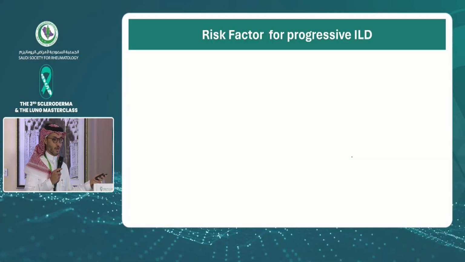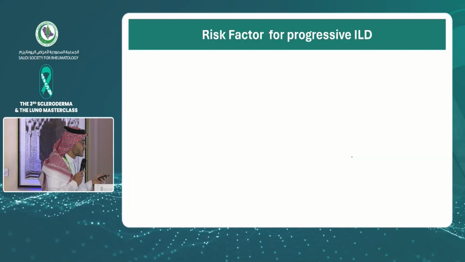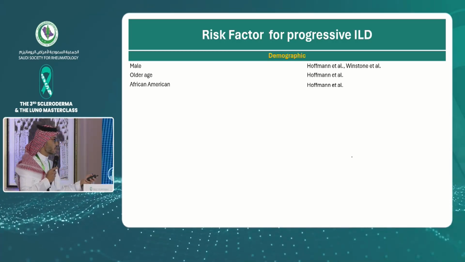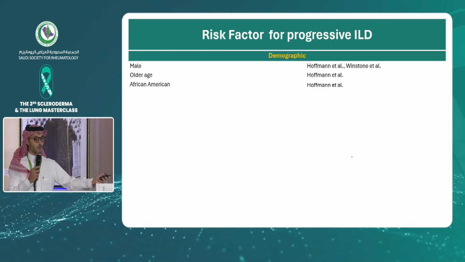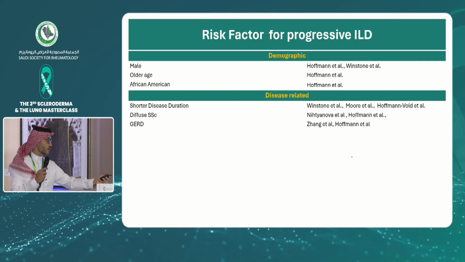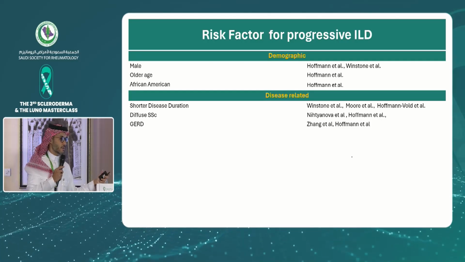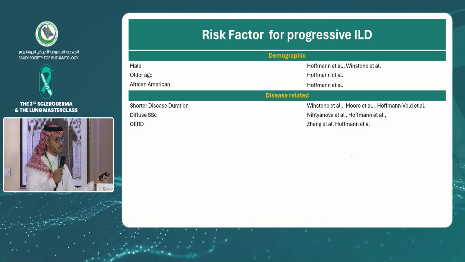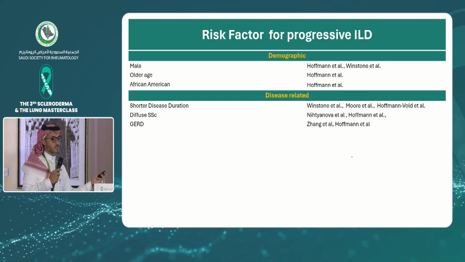If your patient has ILD, which ones do you need to pay attention to and treat aggressively? Those are the patients who are likely to progress, and these are the risk factors for those patients. Again, demographic: male, older age, African American. Disease related: short disease duration, so recently diagnosed, diffuse systemic sclerosis, and GERD.